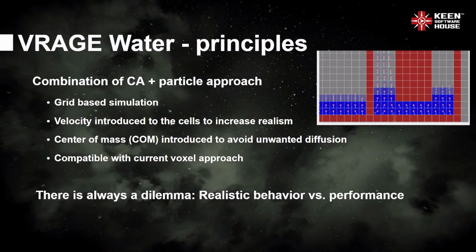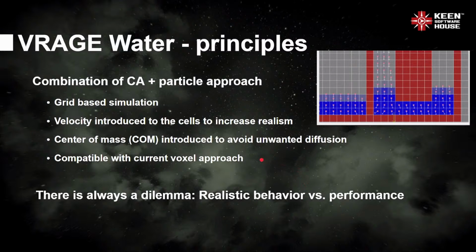We need performance, as you can see, because of the planetary simulation and all the loading and stuff around. So performance is priority number one. But we also need realistic behavior of the water: all that flow, surface equalization, and pressure. And for this kind of stuff, I'm using tricks taken from the particle approach.